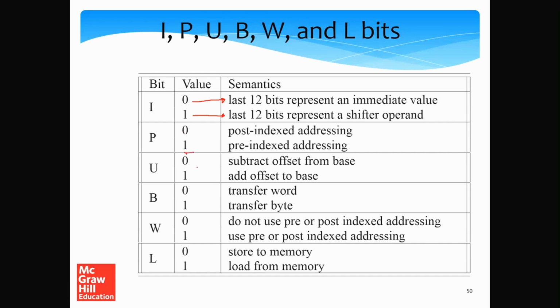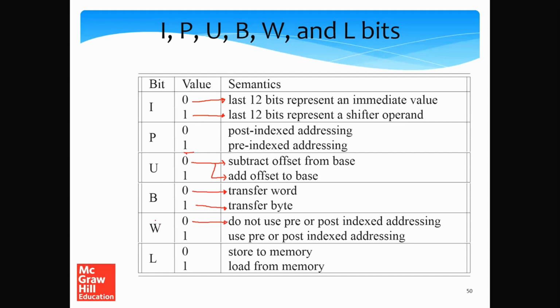The U bit says that if the U bit is 0, we subtract the offset from the base, otherwise we add the offset to the base register. If the B bit is 0, we transfer a memory word, which in this case is 4 bytes, or otherwise we transfer a single byte, which is 1 byte. Similarly, if the W bit is 0, it says to use regular addressing, don't use pre or post index addressing.